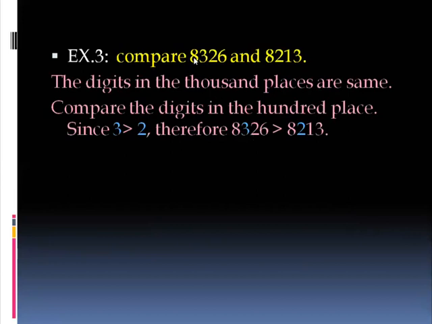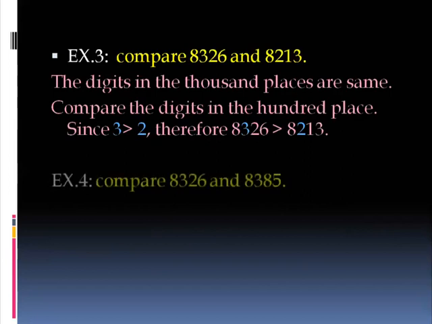Understood now? If the 1000 place numbers are the same, you have to compare the 100 place. In the 100 place, whichever is the biggest, that is the greatest number. Okay, 3 is greater than 2. So therefore 8326 is greater than 8213.